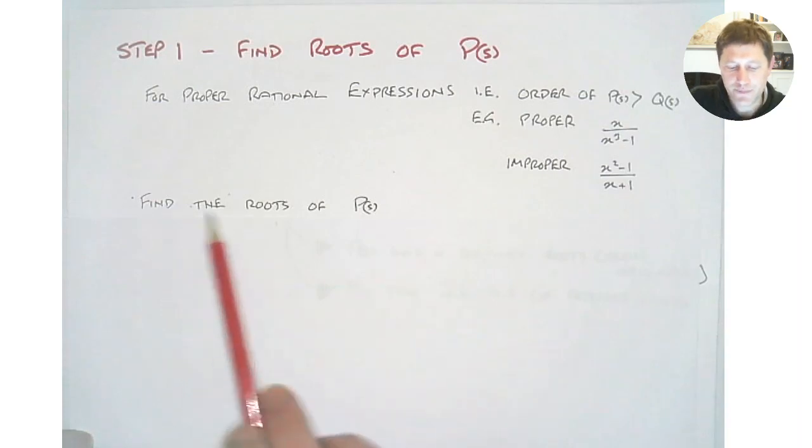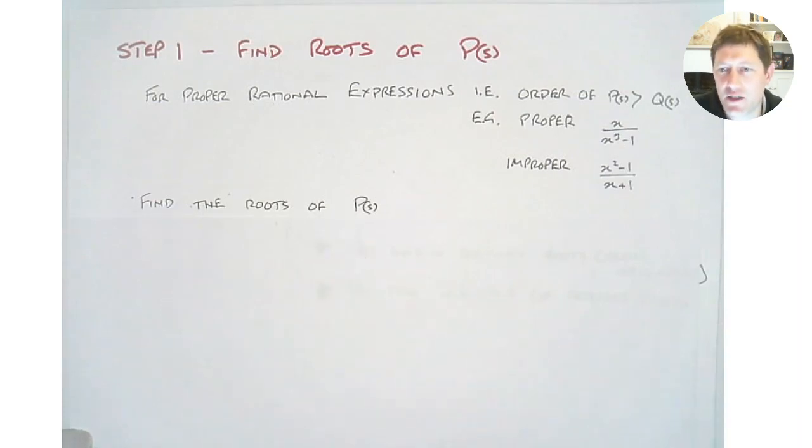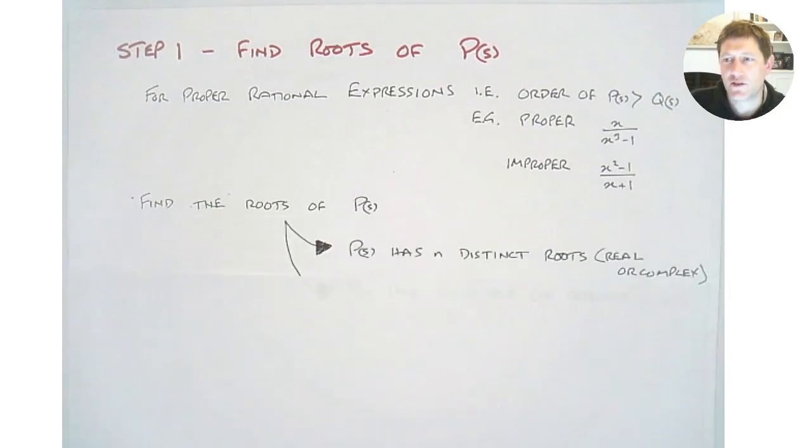Okay. Next, you want to find the roots of this function. That means find the values of s where the function is equal to 0. Now, I trust that you can do that by inspection or by some other means. I won't cover that here.